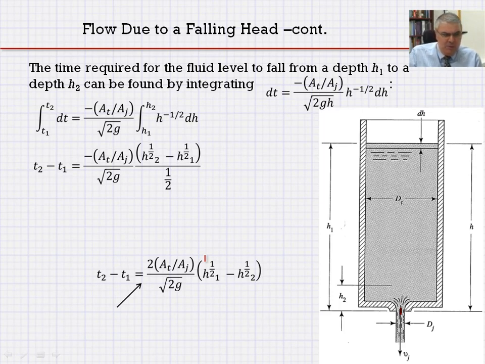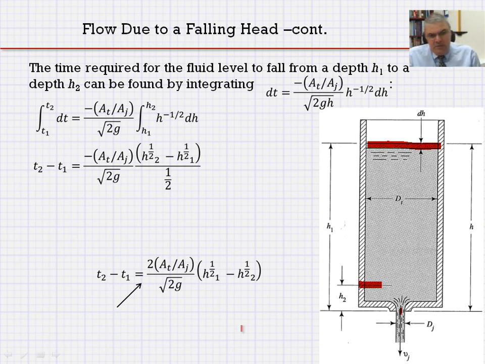What we do is we would actually take a strip of the height of the tank. We call that d sub h, and we would calculate the time that's required for the fluid level to fall from depth H1 up here, again a strip of the fluid, down to a depth of H2.